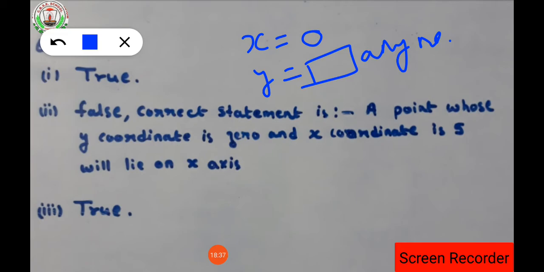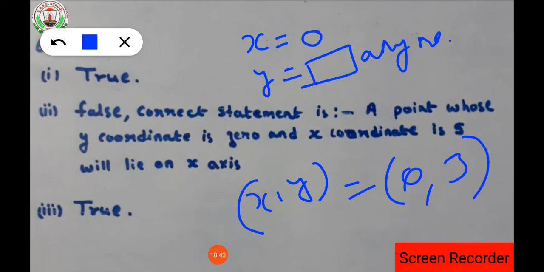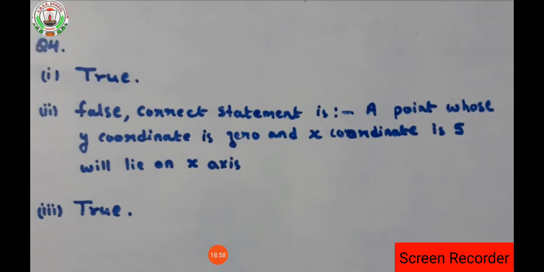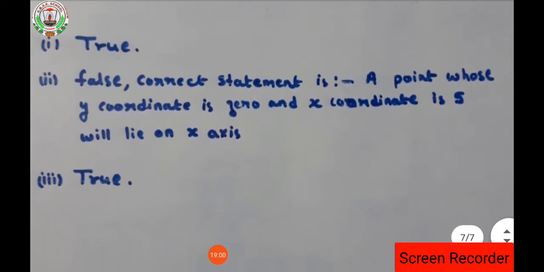So the x comma y coordinates will be 0 comma y. Suppose we take any number, it is 3. So whether this 0, 3 coordinate lies on the y-axis, of course the answer will be yes, because in the y-axis the value of x is 0. So the statement is true. Clear?